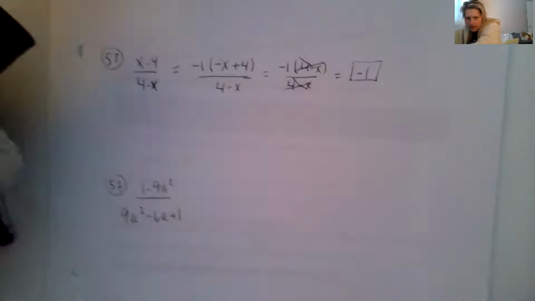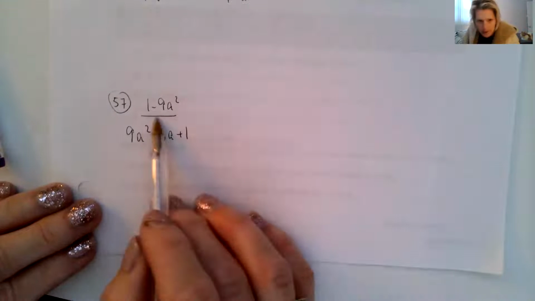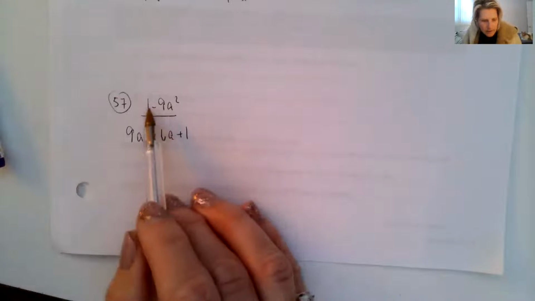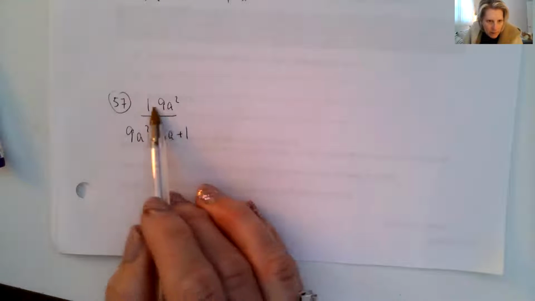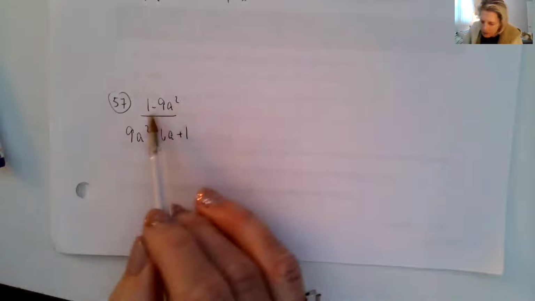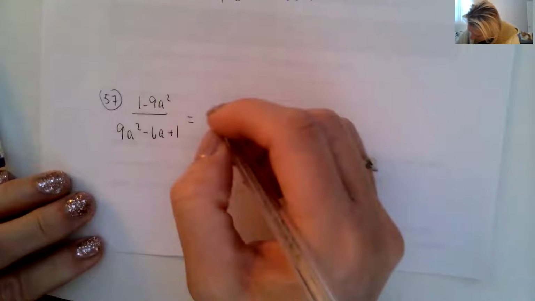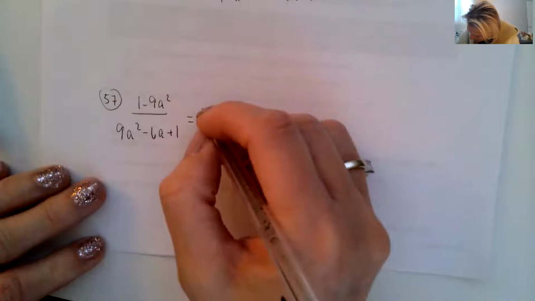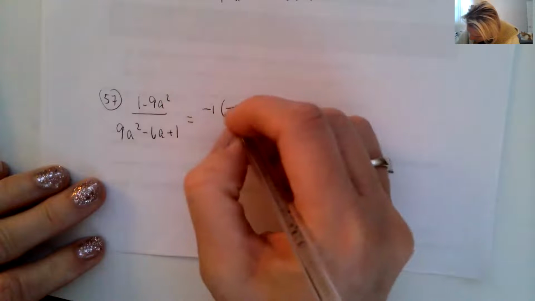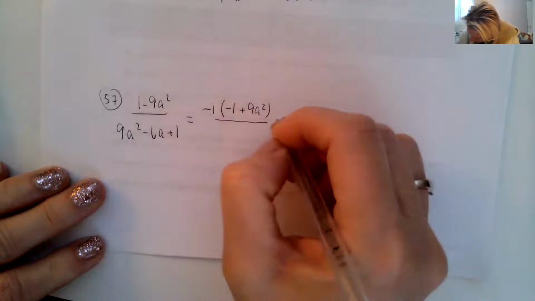Number 57, and the denominator is something similar. You can see that the a is on the second piece of the binomial up here, and a squared is in the front piece up here. So we're going to have to pull out a negative. Let's just pull out a negative up front. So this is a negative 1 times negative 1 plus 9a squared.